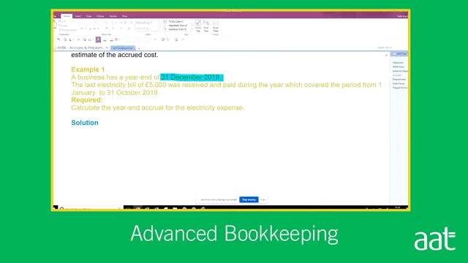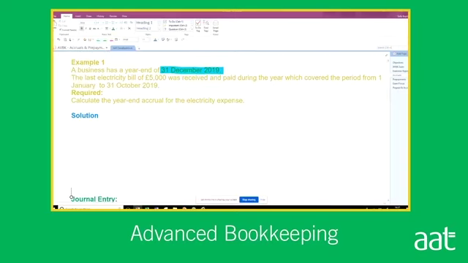The last electricity bill of £5,000 was received and paid during the year, and this covered the period from the 1st of January to the 31st of October 2019. We need to calculate the year-end accrual for the electricity expense.